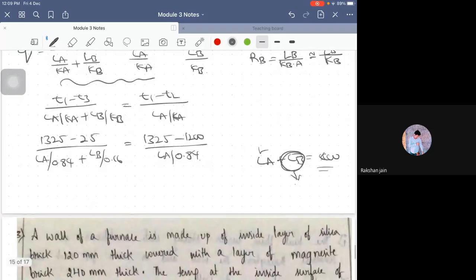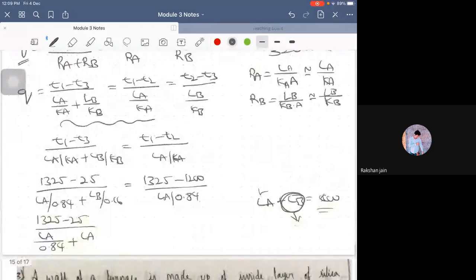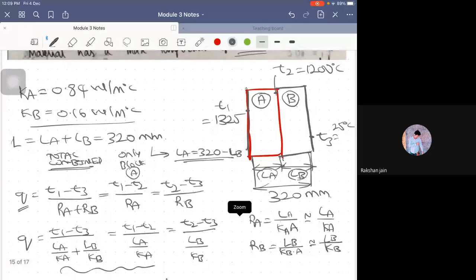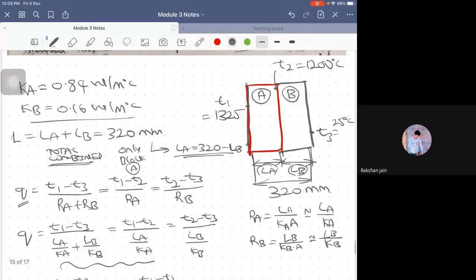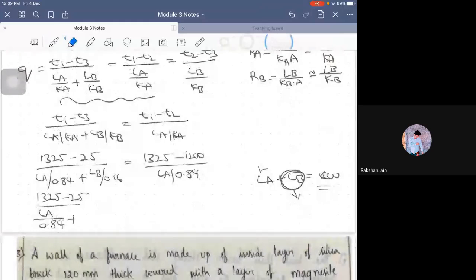So it is 1325 minus 25 divided by LA divided by 0.84 plus 320 minus LA divided by 0.16.